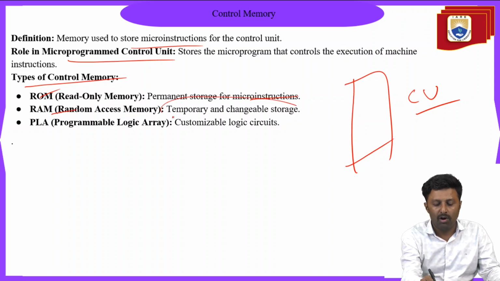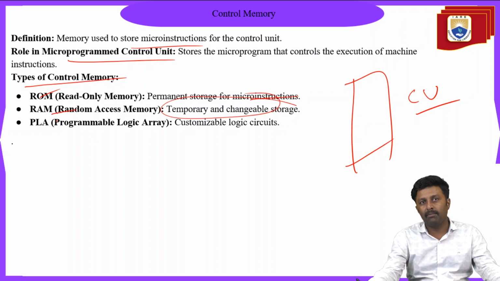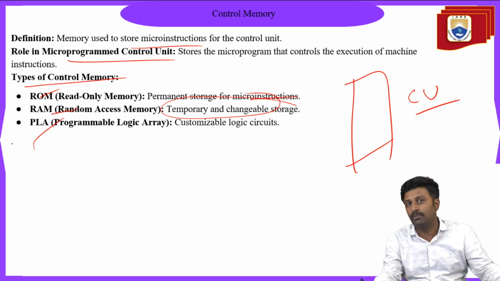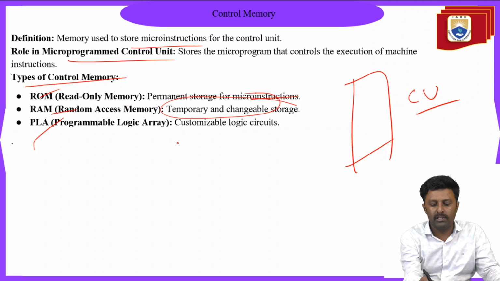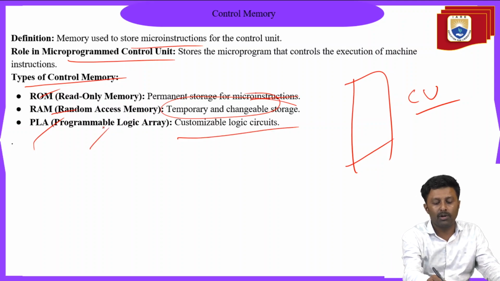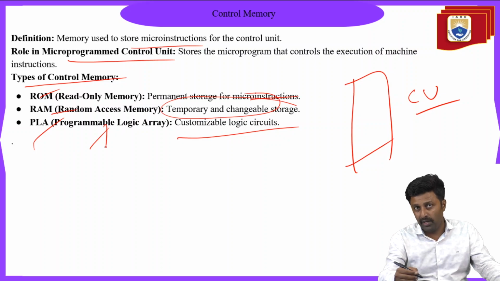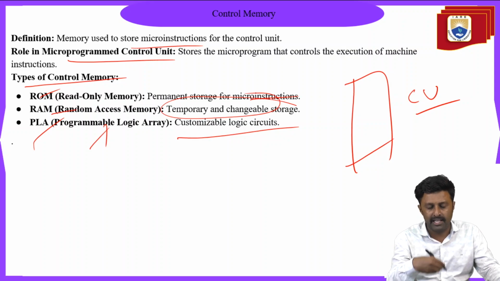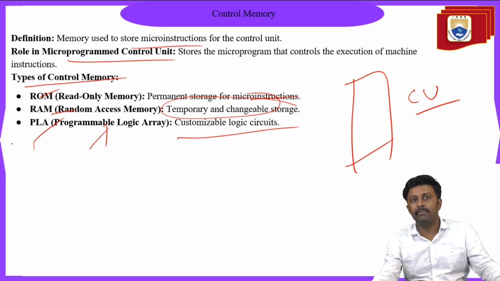All our operations will be performed with the help of RAM. Then we have one more memory, called PLA, the programmable logic array, which is customizable with logic circuits. In a programmable logic array, we can change the logic, or the operations can be modified any number of times, and it can be programmed any number of times.